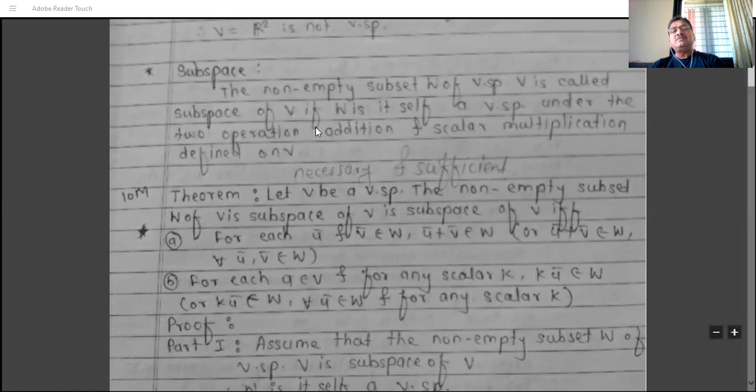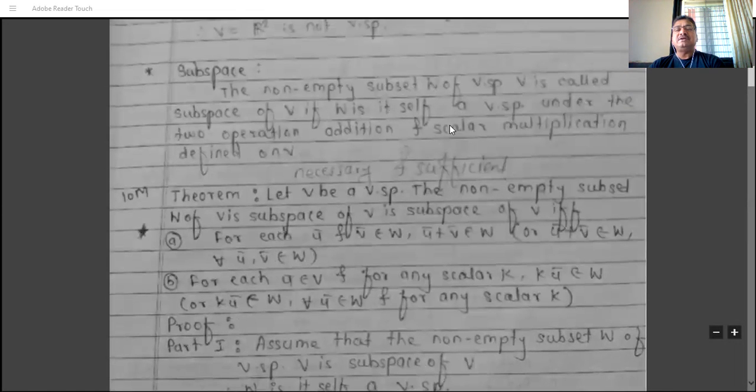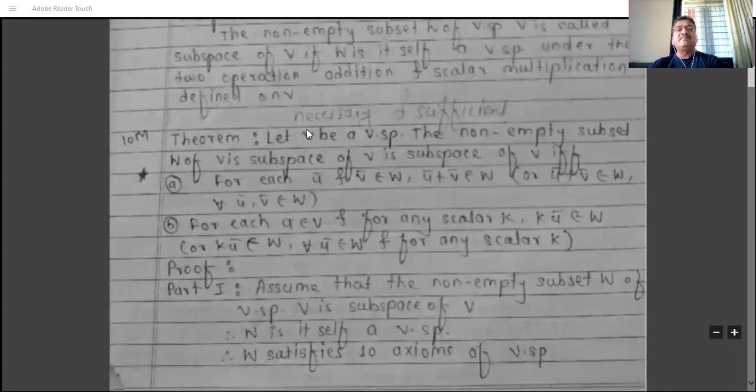And if W is a vector space, as W is a subset of V, then W becomes a subspace of V. So W is a subspace of vector space V if W is a non-empty subset and satisfies the 10 conditions of a vector space, that is, W is itself a vector space. So this is the definition of subspace.